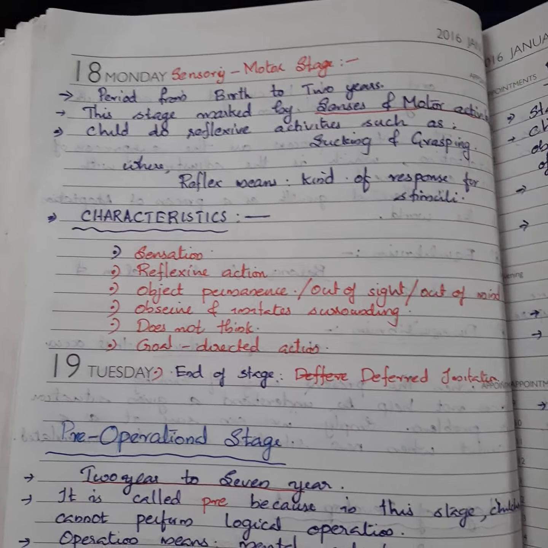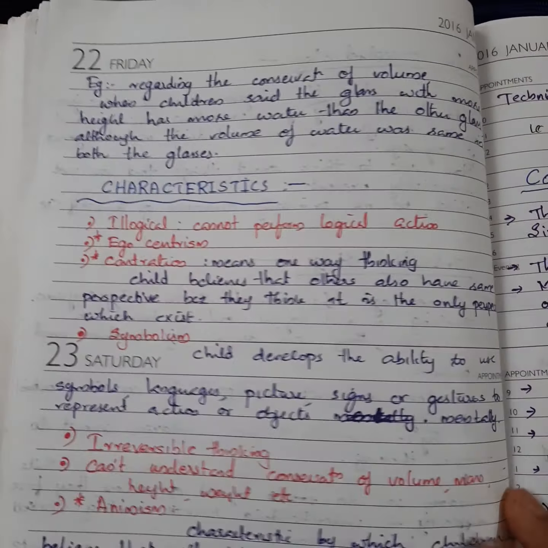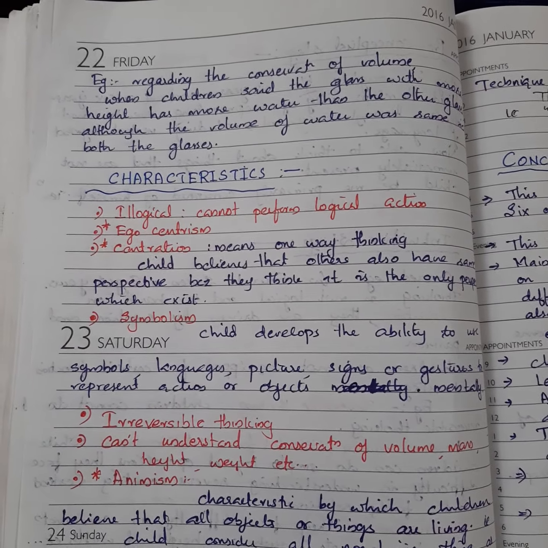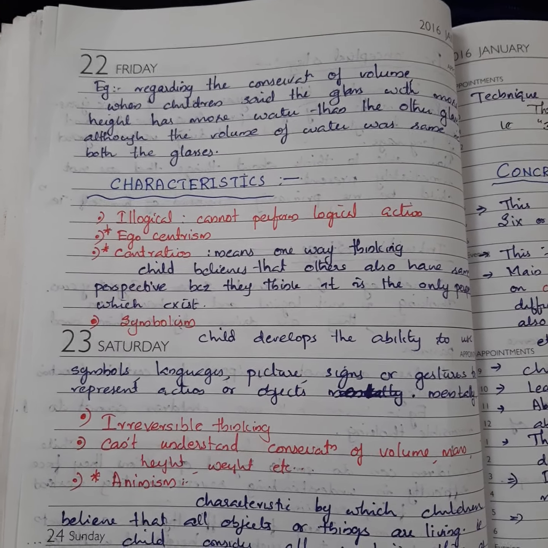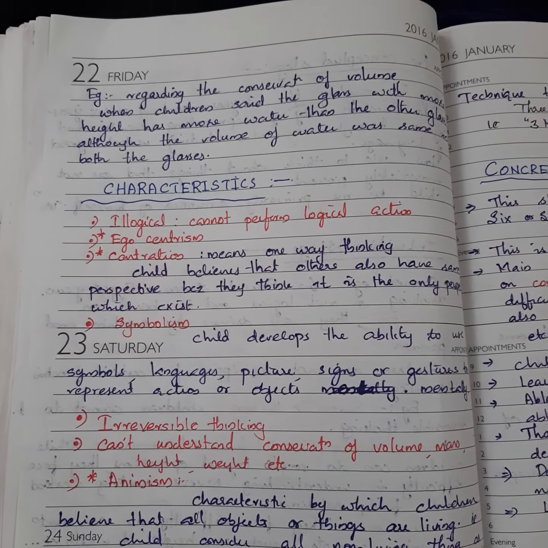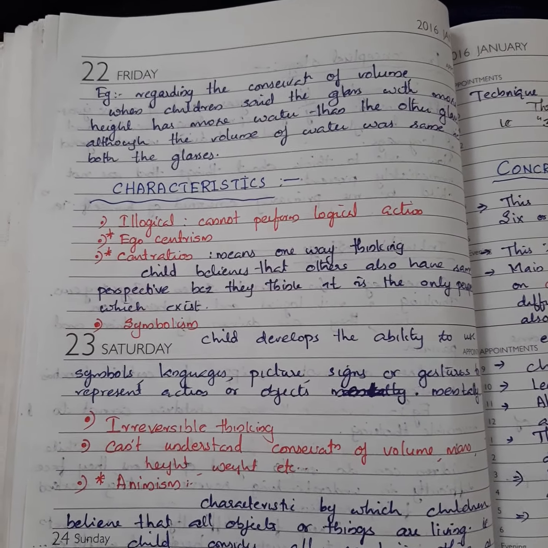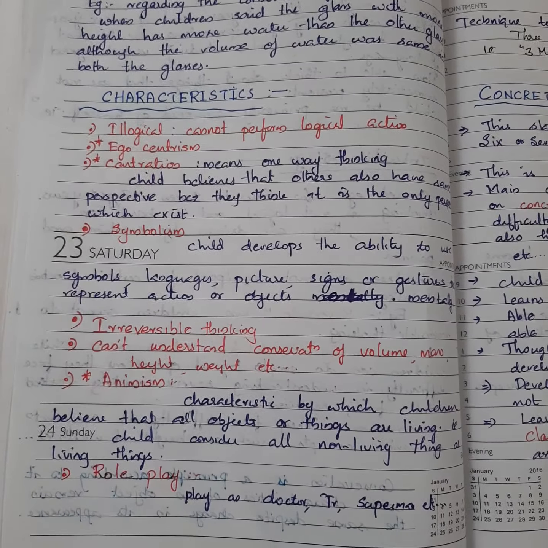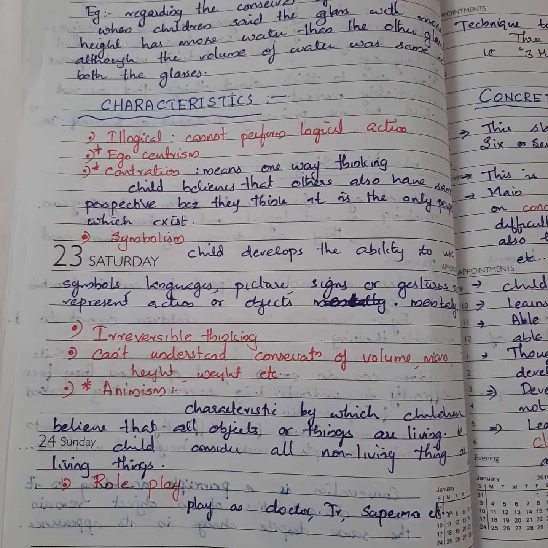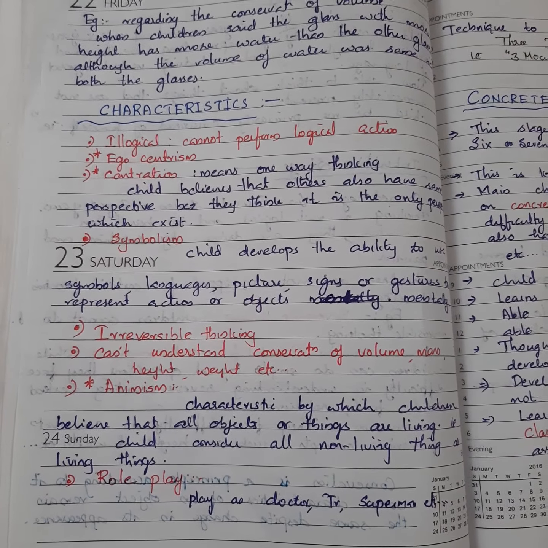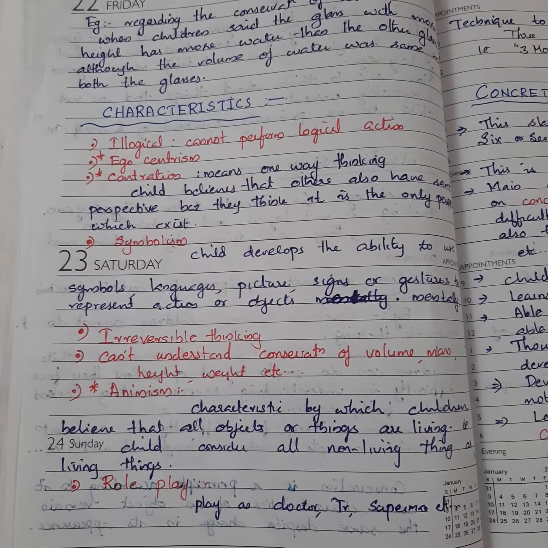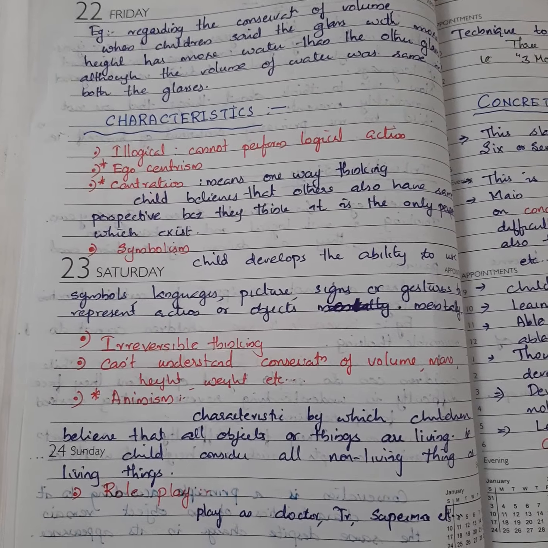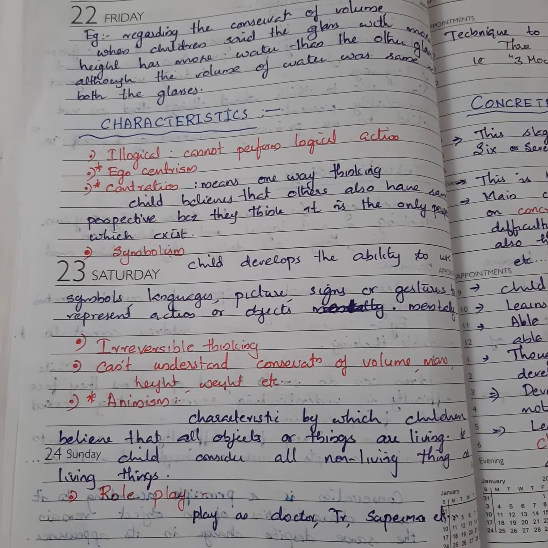Now let's look into the characteristics of the pre-operational stage. First one, illogical. Another one is egocentrism. Next is centration, which means one way of thinking. Fourth one is symbolism. Fifth one is irreversible thinking. And another one is the child cannot understand the conservation of volume, mass, height, etc. That is, unable to understand the concept of conservation.